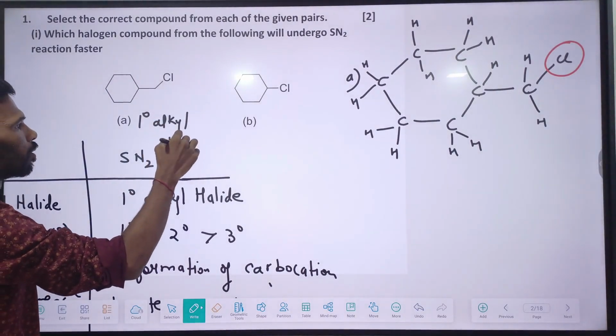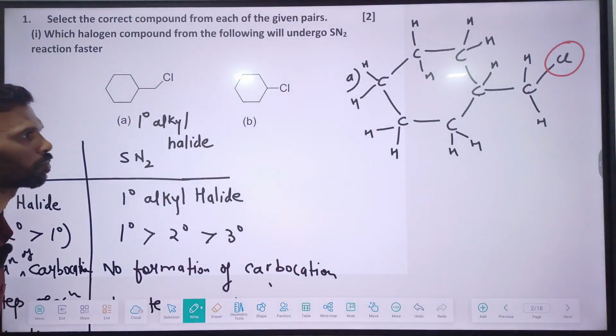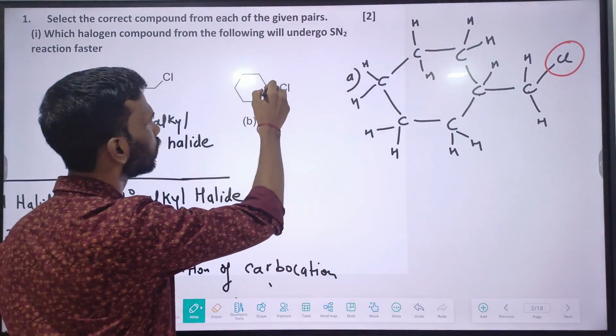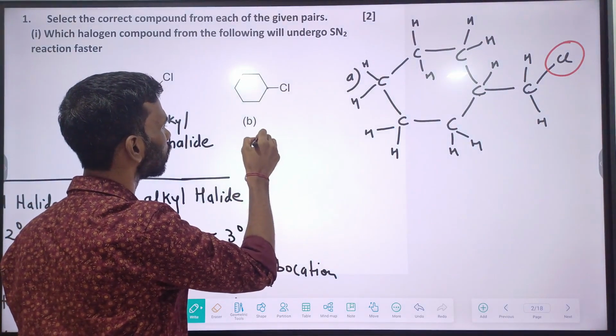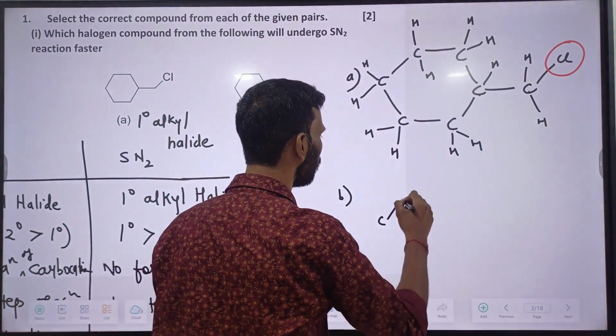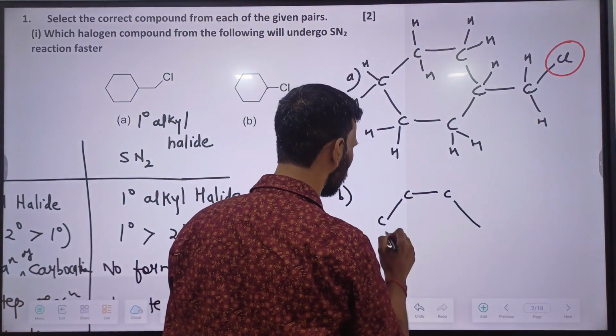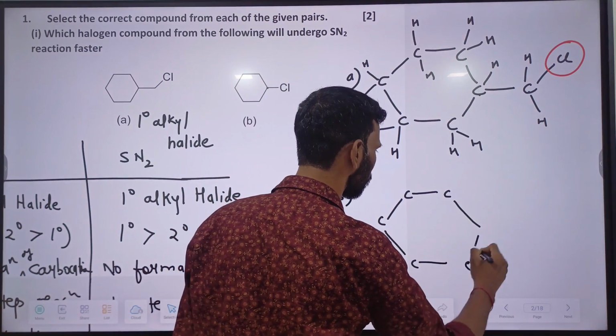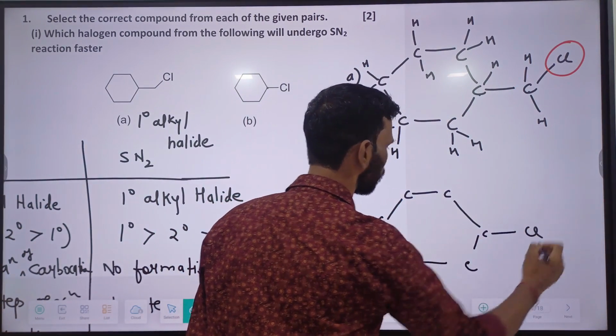And this one, I'll draw the structure of B also. This is a carbon, over here this is a carbon, and this is Cl.